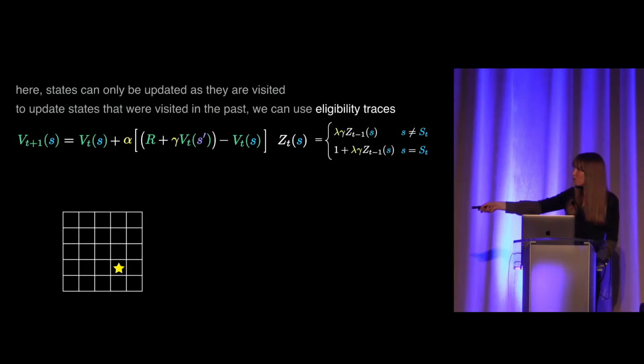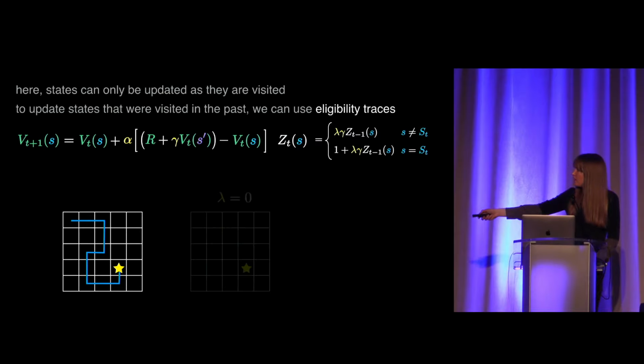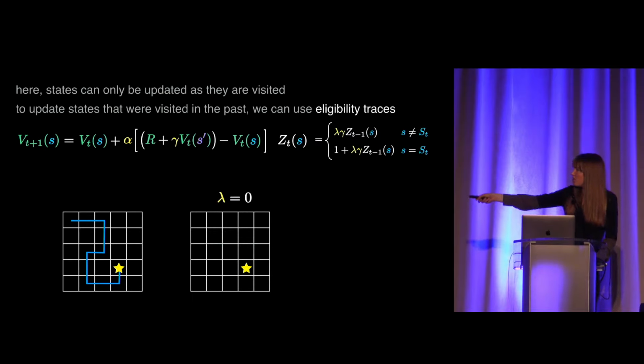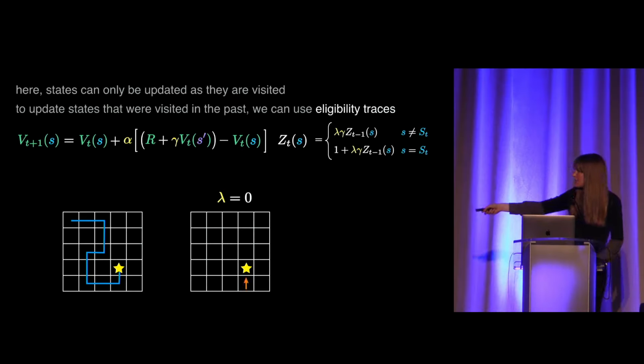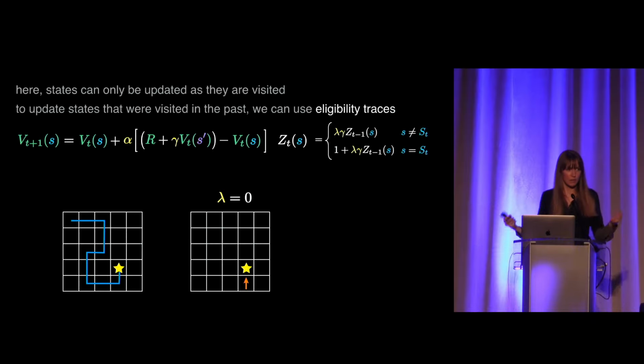Let's say that we're moving in this 2D grid that we've been thinking about here, and we walk through this grid and stumble upon this particular reward. If we have a trace decay parameter of 0, which means that we don't have this eligibility term, we're only updating our current state, then we only update information about the state that just preceded our visit to this rewarding spot. We learn nothing about the rest of the trajectory that led us to that point.